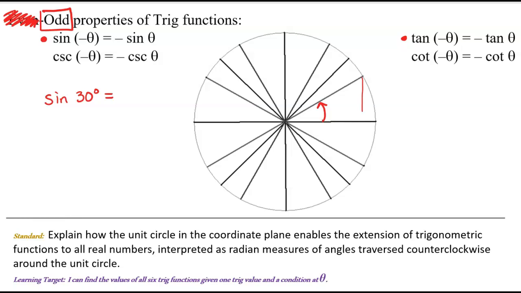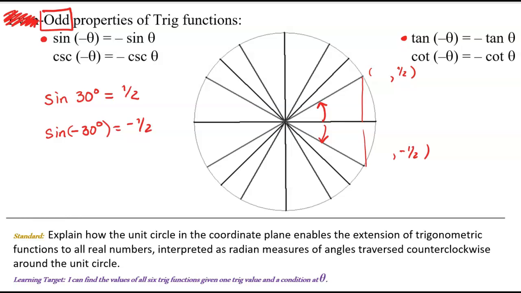Sine of 30 degrees gives me a y value of 1/2. So sine of 30 degrees is 1/2. What is sine of negative 30 degrees? Well, negative 30 takes me clockwise away from the x-axis. Well, my y value there is negative 1/2.